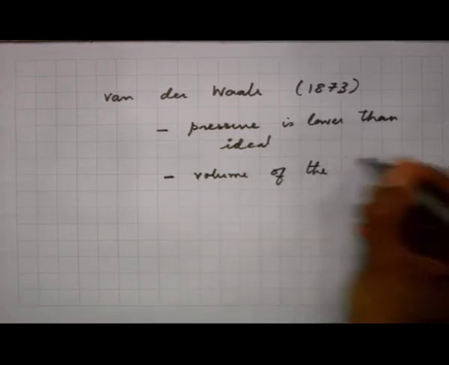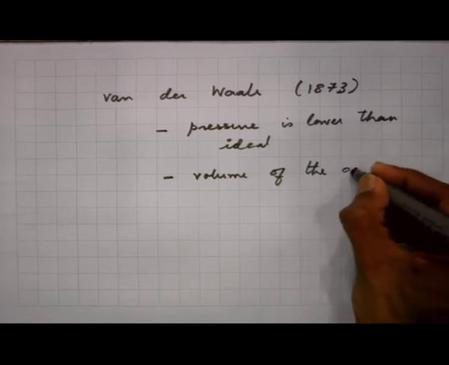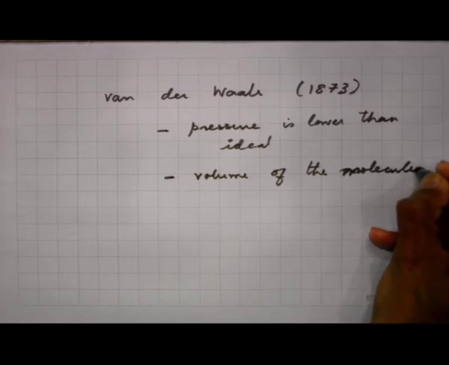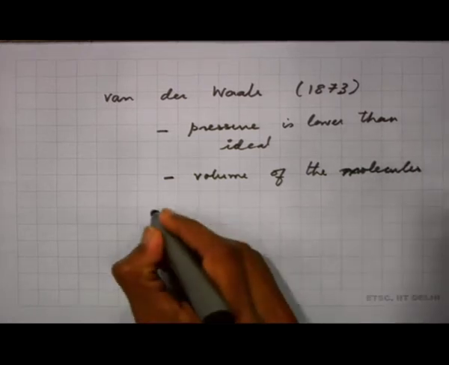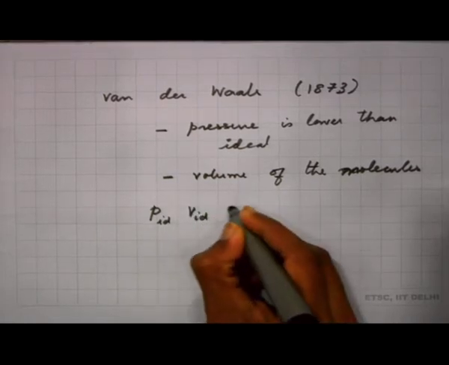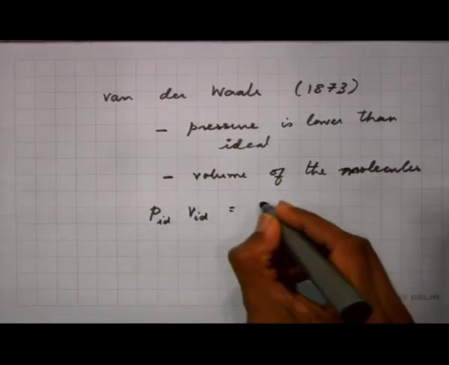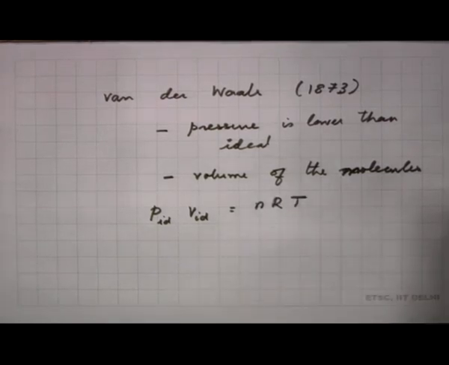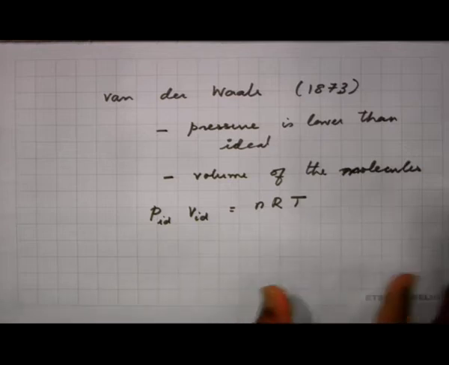These are the two things that we have to account for. And the equation of state that we had is P ideal V ideal is equal to nRT. Now, what van der Waals did was to look at this very simply.